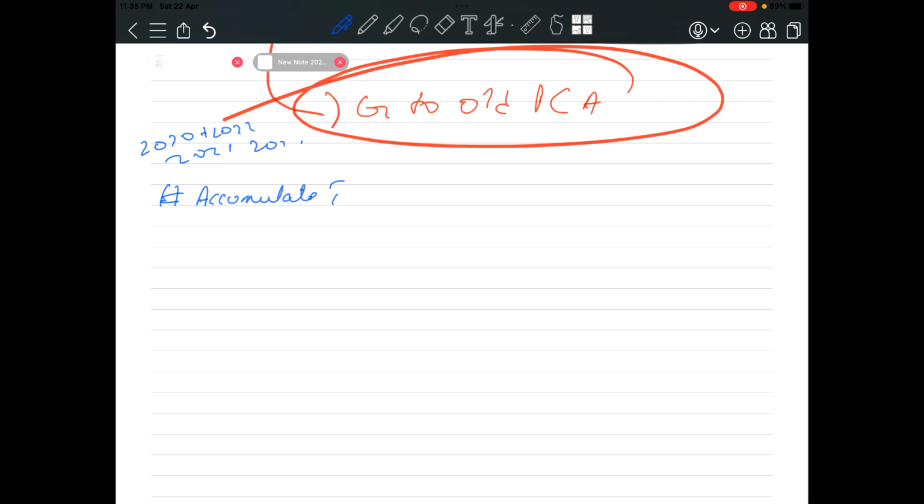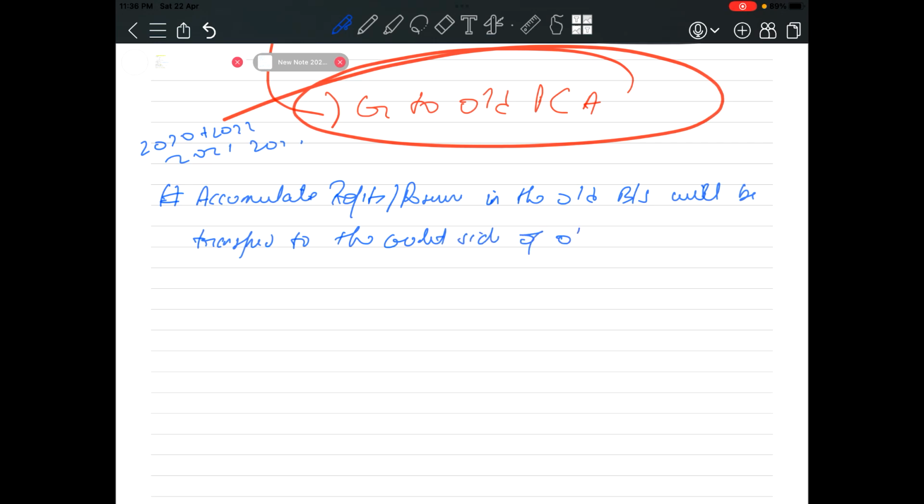So accumulated profits or reserves in the old balance sheet will be transferred to the credit side of old partners' capital account in the old profit sharing ratio.